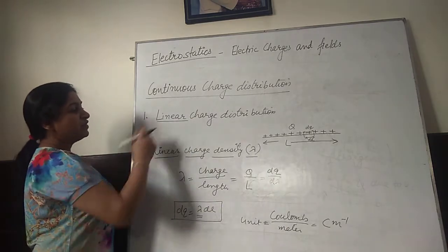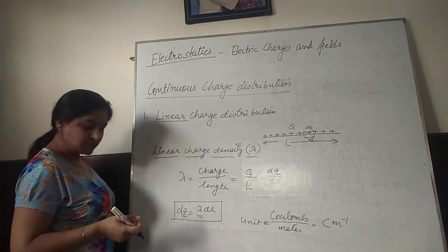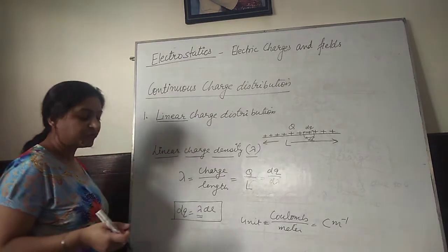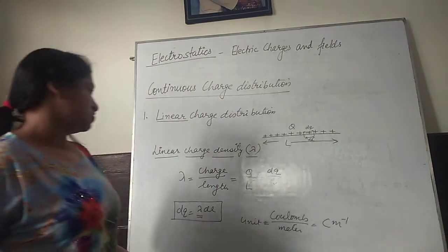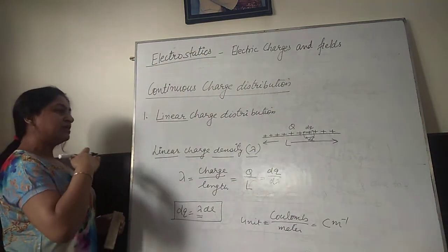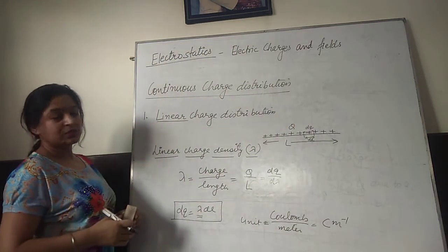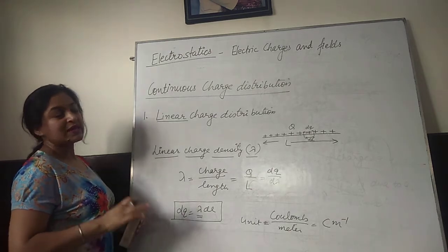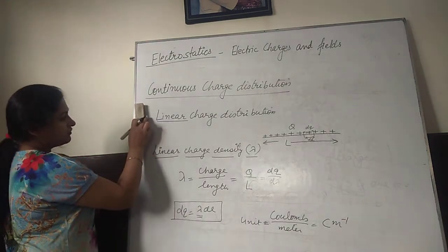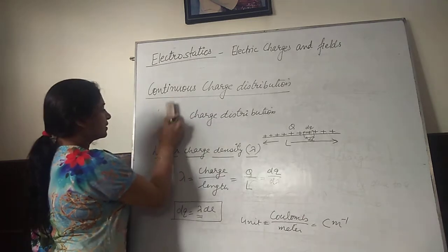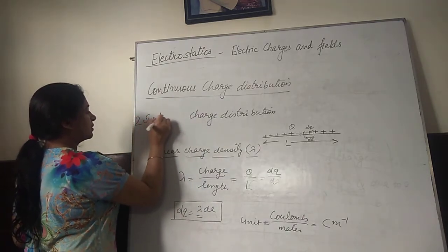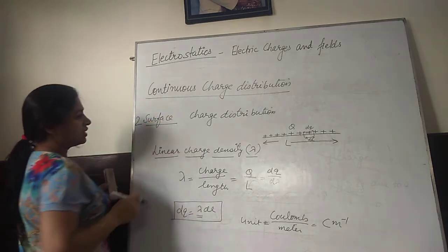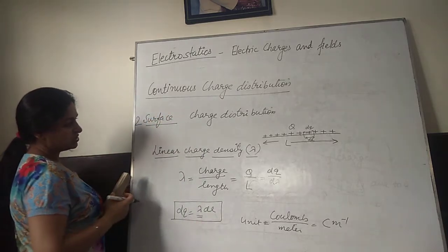Now the second type of charge distribution is surface charge distribution or superficial charge distribution. In this type of distribution, the charge is distributed on some surface or area. So, the second type of distribution: surface charge distribution or area charge distribution.